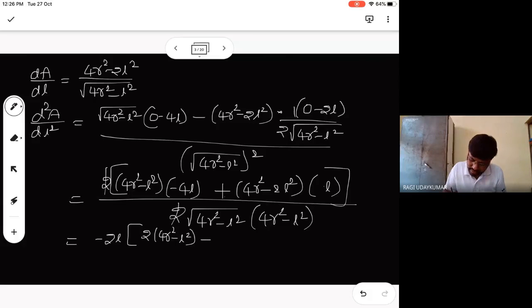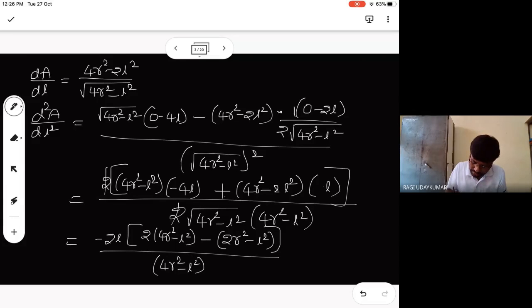In the brackets, what will be left over is 2R square minus L square, just algebraic simplification. And here you are going to get 4R square minus L square whole to the power of 3 by 2, because under the root you have 1 plus 1 by 2, that is 3 by 2.